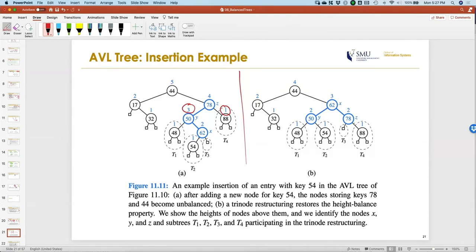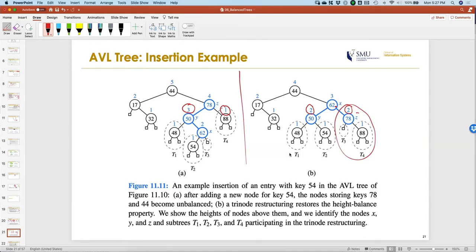So now Z is going to come down. X is going to be promoted in place of Z. So as a result, the Z here is going to increase the height of this previously shorter one, because 78 is going to push 88 down, right? And then the two sides are going to be of the same height. So they come back to balance.